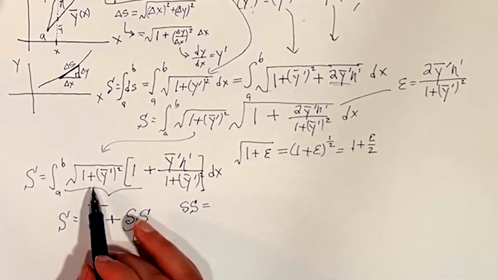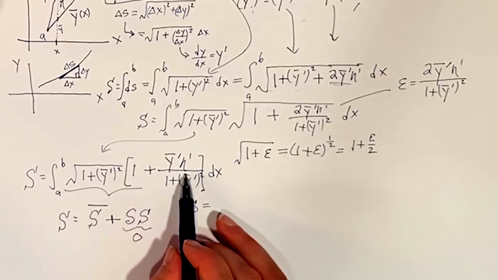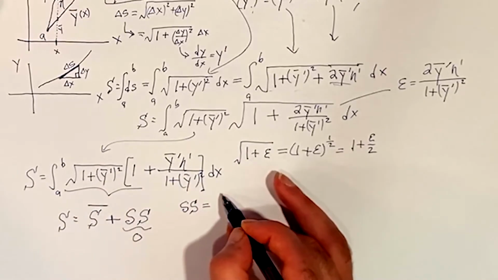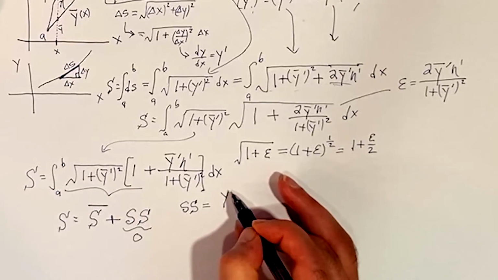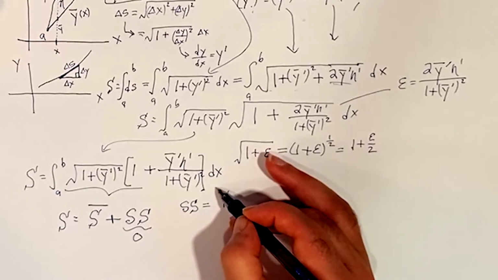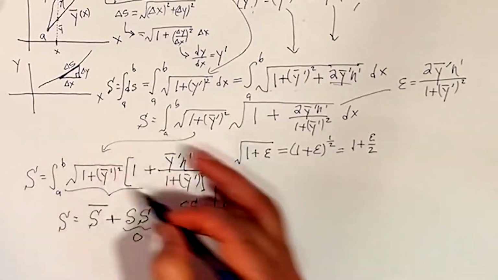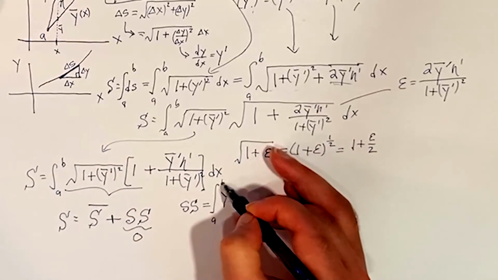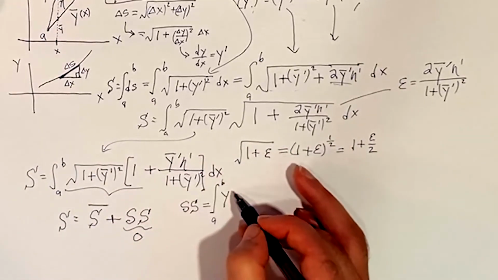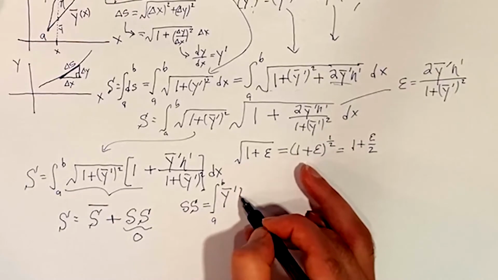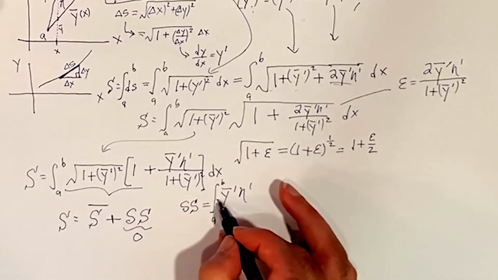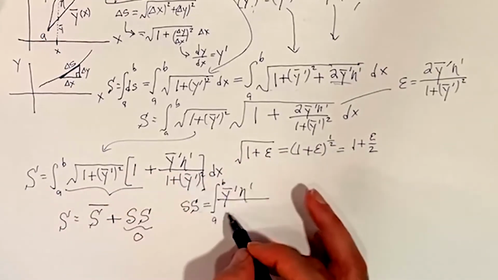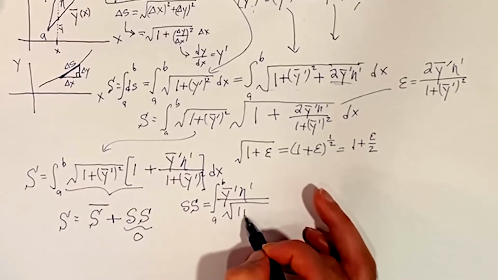Well, you got to take this and hit it with that. That means you're going to also have an integral. You have your a to b, and you're going to have y bar prime eta prime. But now that's going to be down in here a square root.